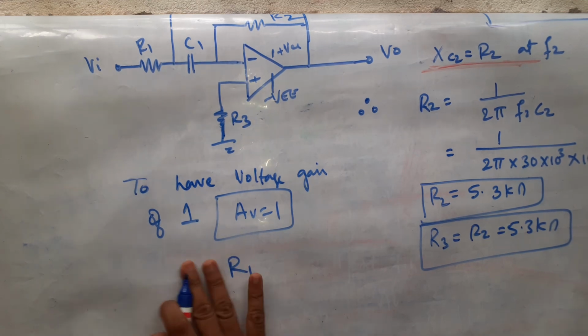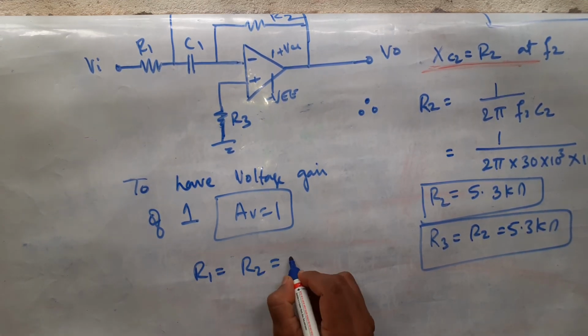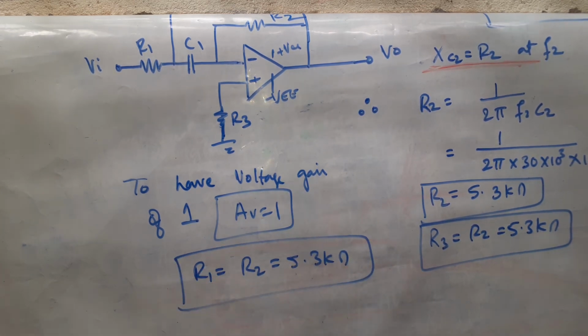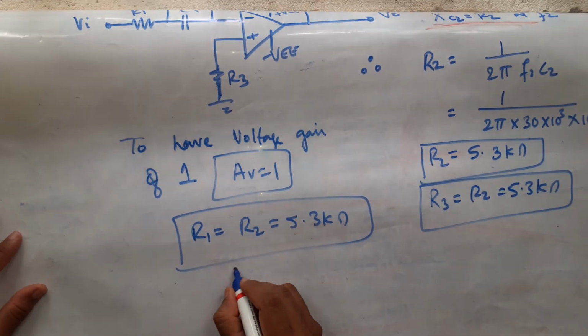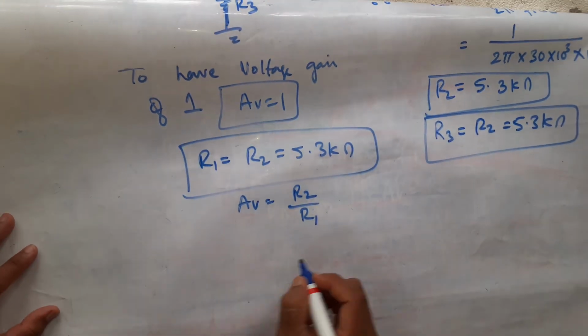Isn't it? So I can write my input resistance R1 should be equal to R2, that is 5.3 kilo ohm, right? This is because we already have AV equal to R2 by R1.